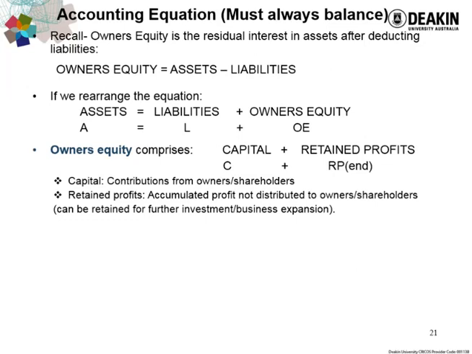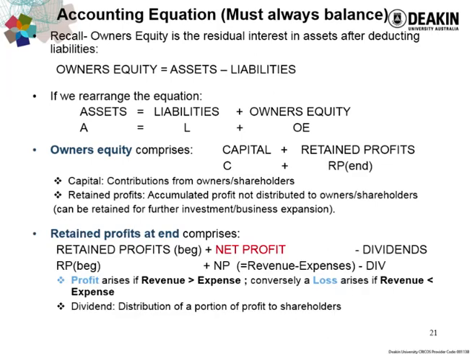We retain profits for further investment or business expansion because we want the company to grow. And how do we calculate retained profits? Retained profits at the end of the year, meaning the closing retained profits, equals opening retained profits, meaning retained profits at the beginning of the year, plus net profit minus dividends.